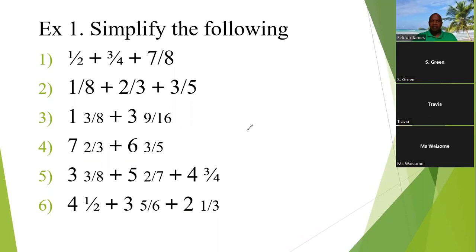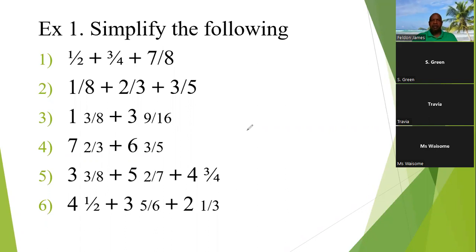Not that they can be divided by 8. You follow? Yes, sir. So if they can divide 8, it means that they can go into 8 without a remainder. If you say divided by 8, what you're saying is that 8 will divide all of them. And that's not true. Following, Ms. Trivia?